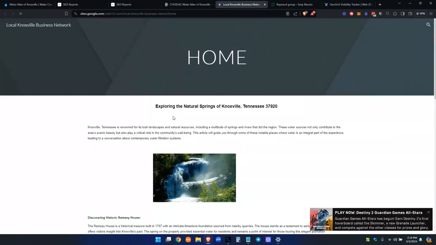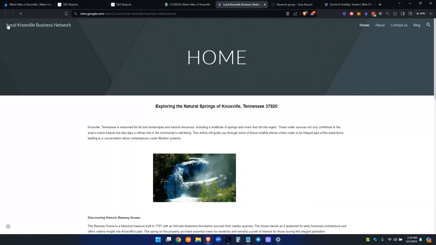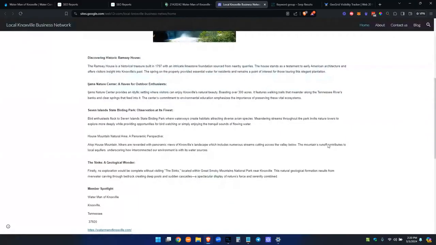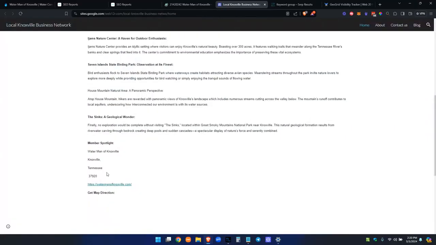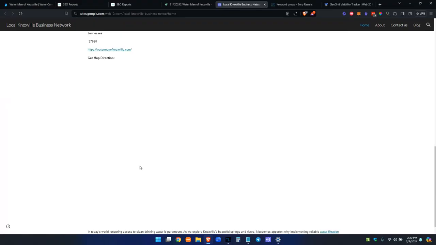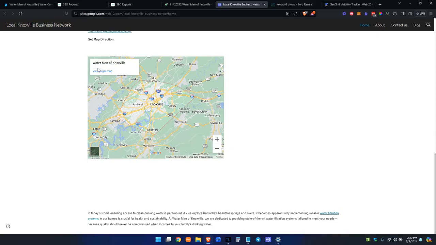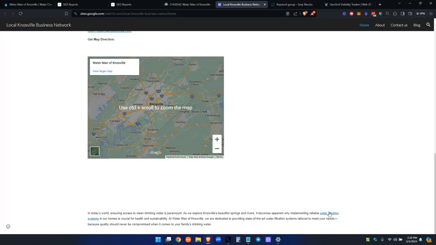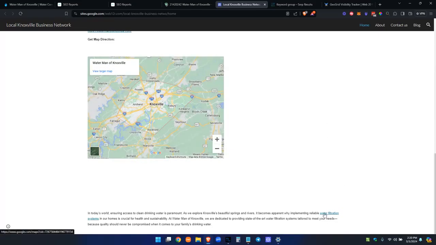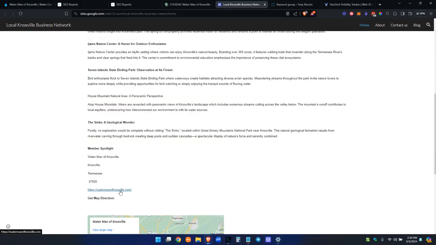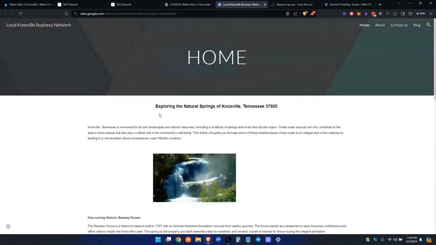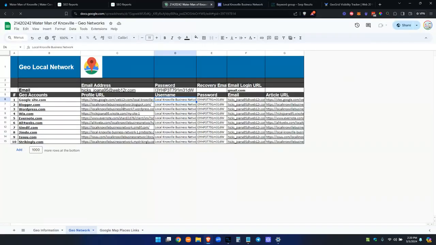And this is a group of Web 2.0 platforms where we essentially have built a page for this brand, local Knoxville business network, that is talking about our company. Looks like the driving directions are loading. Get map directions has an embed to the map. Then we also have links to the Google My Business CID URL, as well as a link to the website and optimized content. We've done that across various properties here.